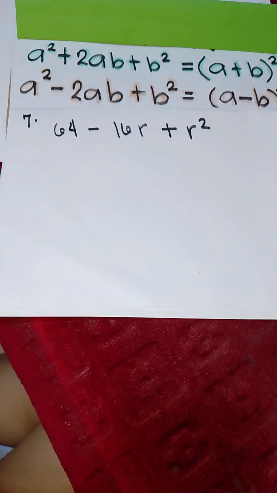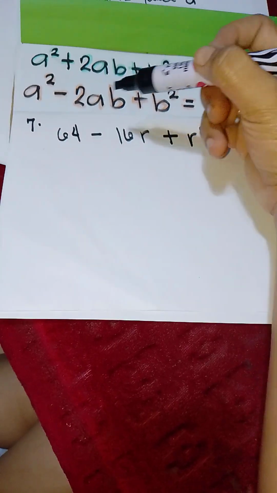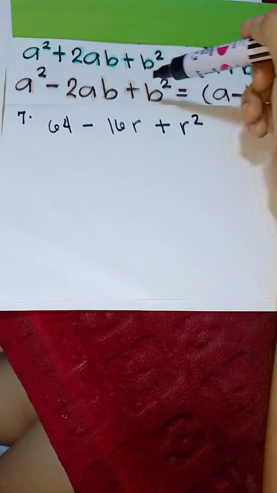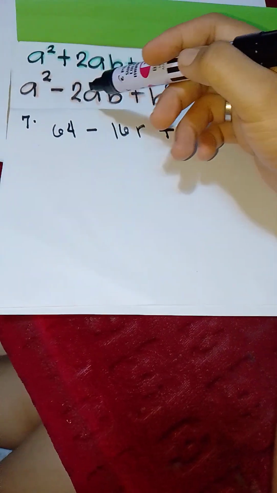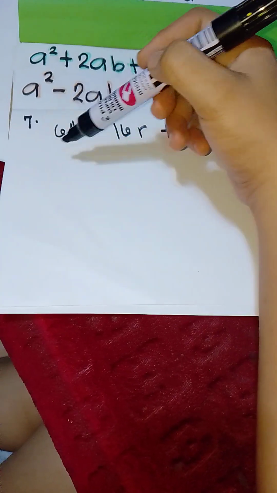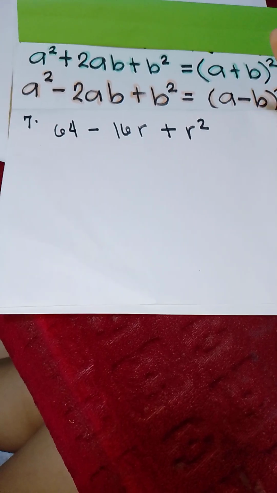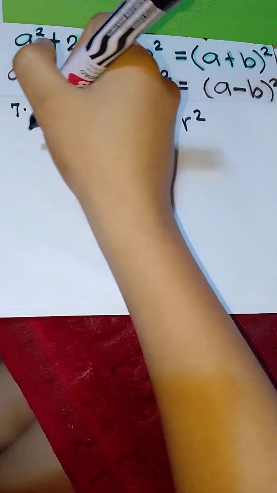So what about if we have example number 7, 64 minus 16r plus r squared. This is still following the format a minus 2ab plus b squared, since 64 is a perfect square and r squared is a perfect square. And then we're going to get the square root of 64.